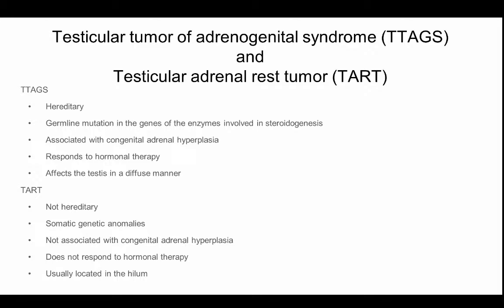So similar to a paraganglioma being an extra-adrenal manifestation of the medullary component of the adrenal, the cortical component can do the same thing. And if you develop neoplasia out of that, you develop one of these syndromes. And it's important to distinguish these because they do respond to dexamethasone suppression of ACTH or hormonal therapy.